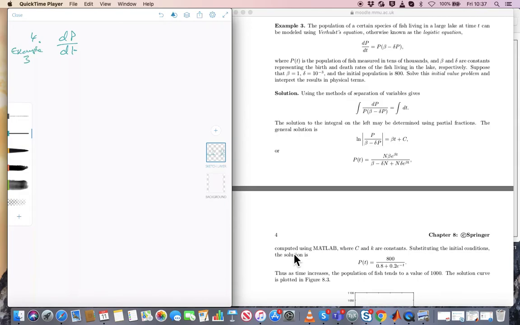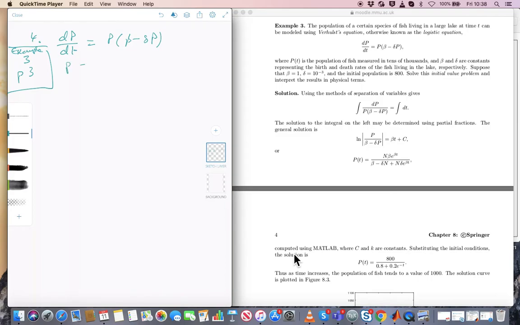This is example 3 in the notes on page 3. We have dp by dt is equal to p times beta minus delta p. And this model is used to model population of fish in a large lake.